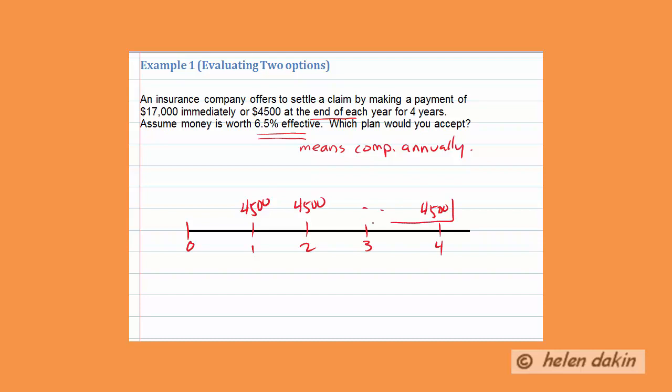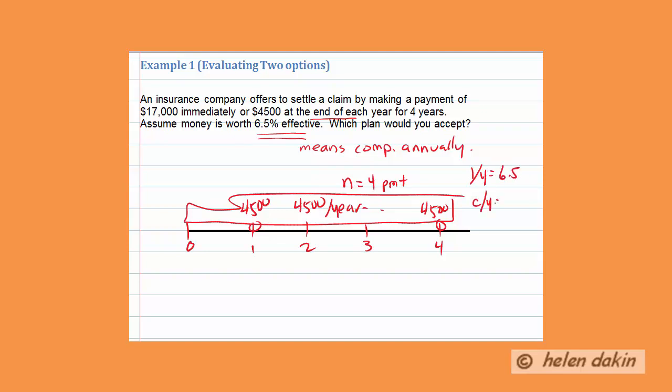It's very simple to draw. And we have here an annuity with 4 equal payments, so n is equal to 4 payments, and they are per year. That's great because we have an ordinary simple annuity now, because we know that I/Y is equal to 6.5%, the compounding periods per year is equal to 1 because it's compounded annually, it's effective, and the payments per year are also equal to 1.